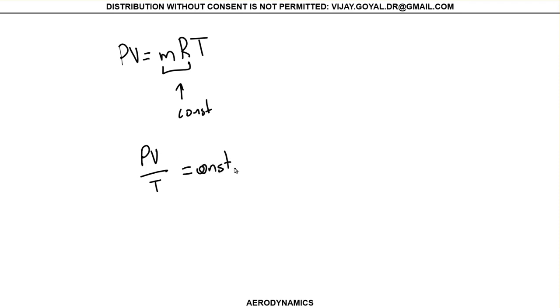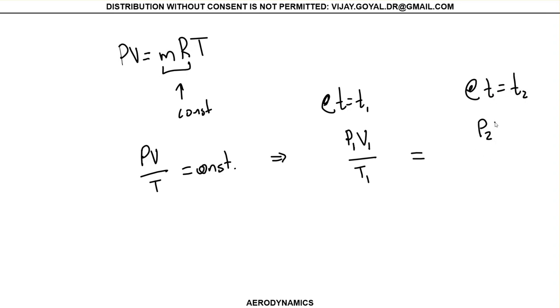This says if I have the gas at time 1, pressure 1 times volume 1 divided by T1 has to equal what happens to my gas at time 2, pressure 2 times volume 2 divided by T2. So if I'm looking for any of the quantities and I have enough information on the other side, I can solve for any quantity.